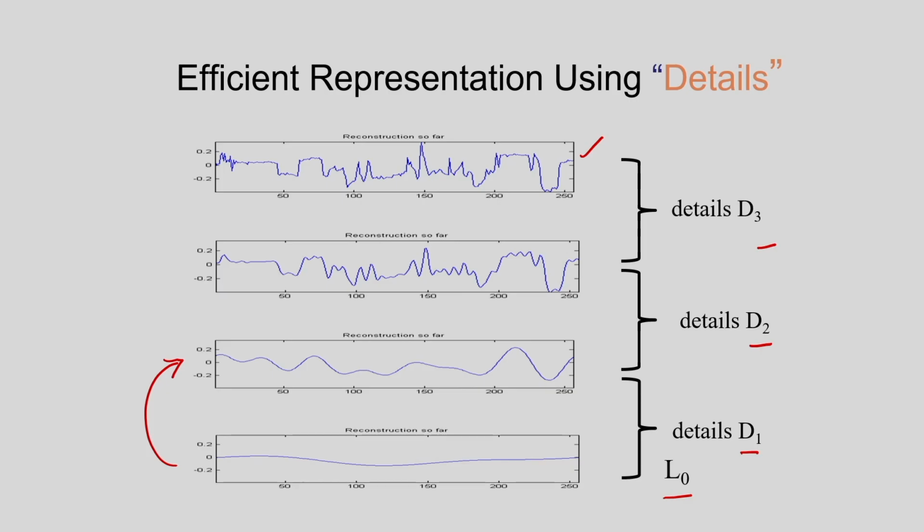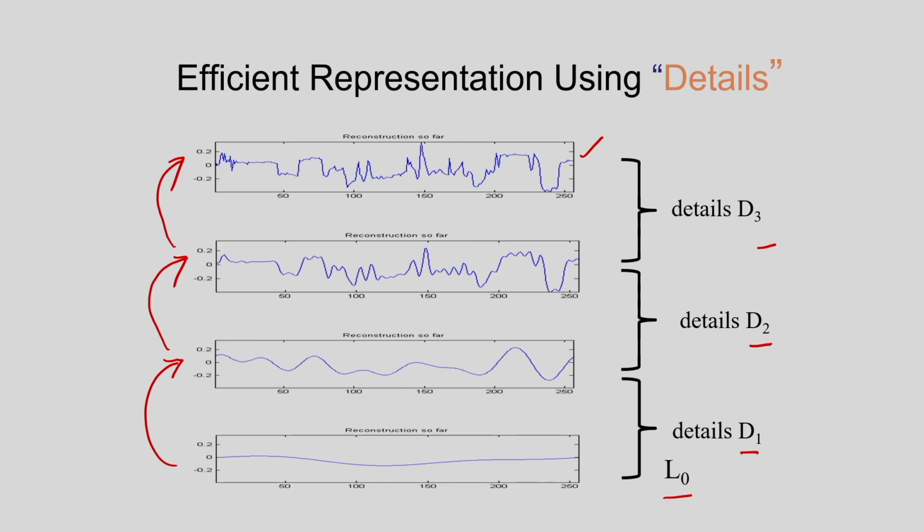After this, I am considering the detailed information D2. If I consider the detailed information D2, the reconstruction can be like this. And after this, I am considering the detailed information D3. By considering this, I can reconstruct the signal. That means for reconstruction, I am considering low frequency information and also the high frequency information, that is the detailed information D1, D2, D3.